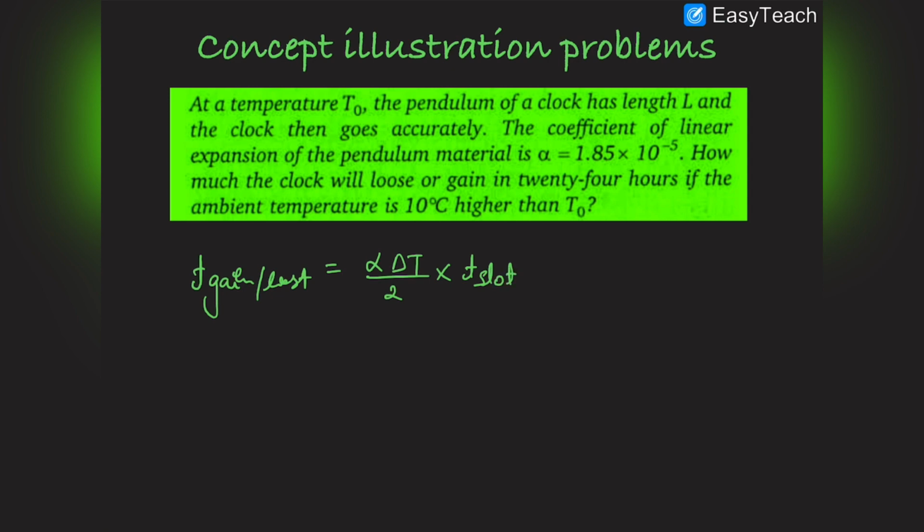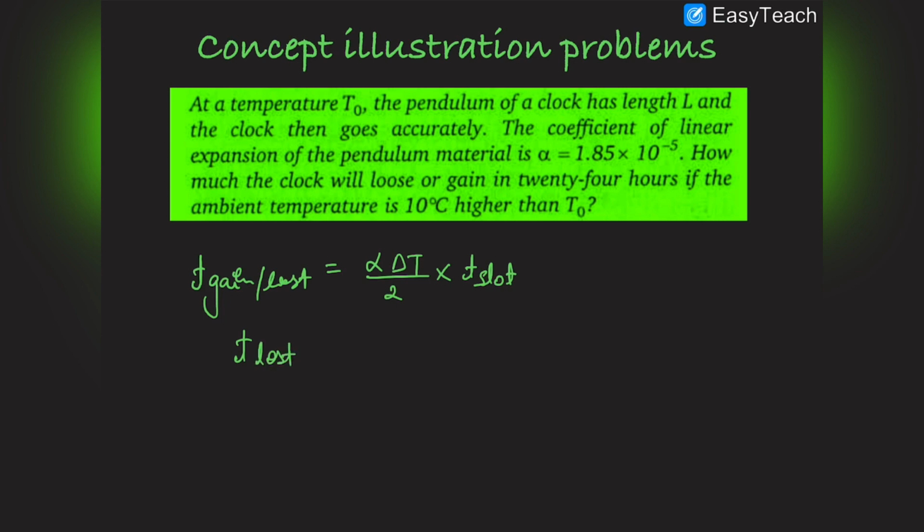We know that the surrounding temperature is higher than the initial temperature of the pendulum, and therefore due to the increase in temperature, the length of the pendulum will increase and the time period of the pendulum will increase. Due to this increase in time period, the pendulum clock will become slow and it will lose some time. So in this case time will be lost.